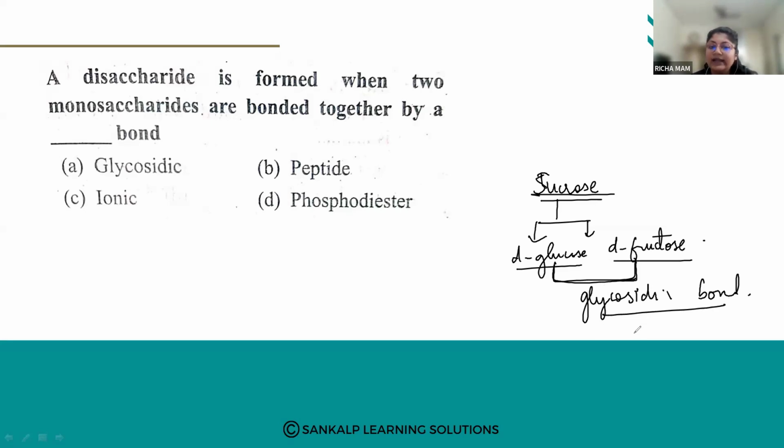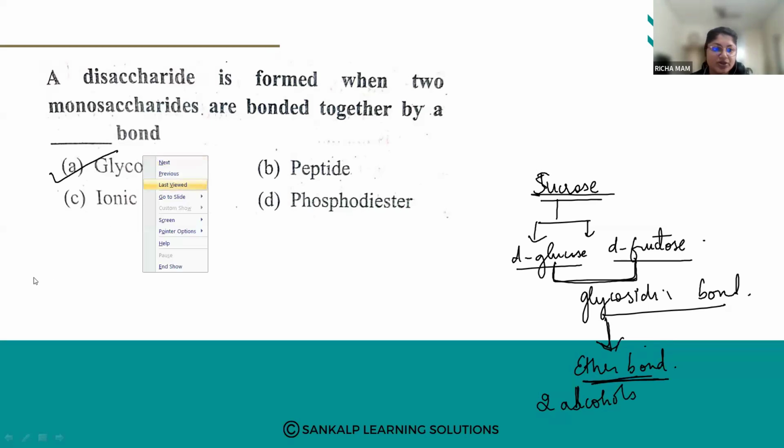It is like an ether bond, formed by condensation of two alcohols. When two alcohols from the monosaccharide units are condensed, you get this ether bond, which is a glycosidic linkage. I hope you have got the answer. Our answer is option A.